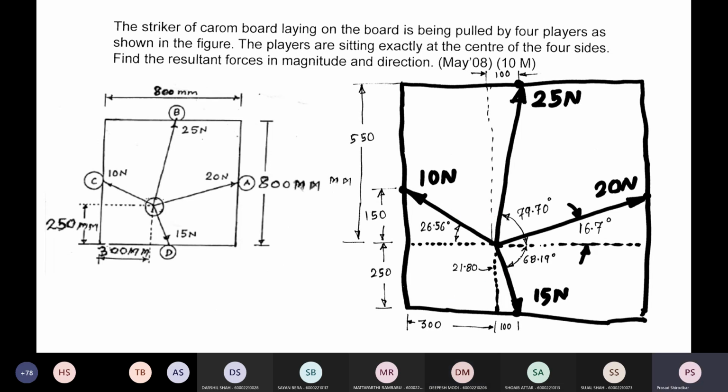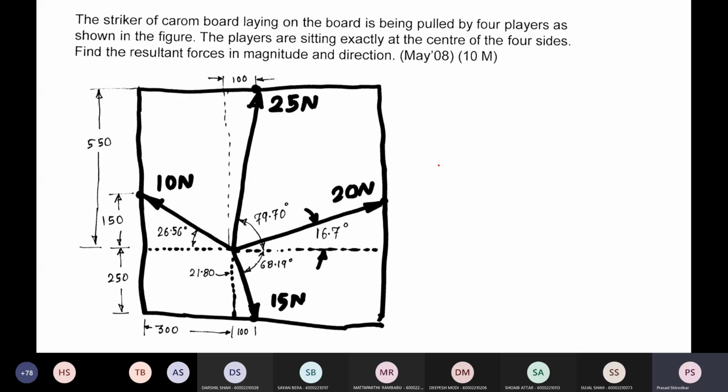Now we have to find the resultant. So to find the resultant, we are going to resolve all the forces. For resolving the forces in x direction, I'm going to write the equation summation Fx is equal to, taking right hand side forces as positive. So one by one, I'm going to resolve the forces starting with this 20 Newton.